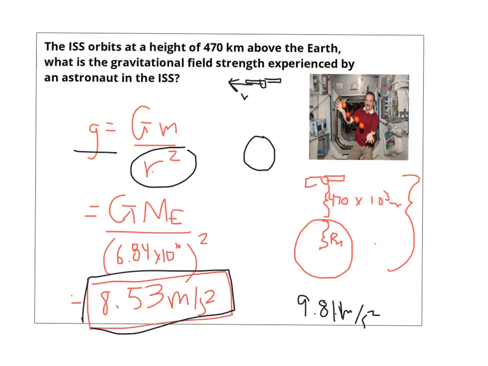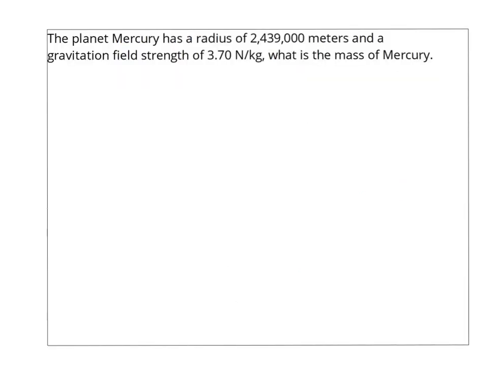But because a satellite is moving so fast, by the time it falls to the Earth, the Earth has moved out of the way. And that's what an orbit is. So the space station is constantly falling, and the astronauts inside are constantly falling as well. It's just that before they hit the Earth, it moves out of the way, and so they continuously fall in an orbit. That's the same as that with the mic.